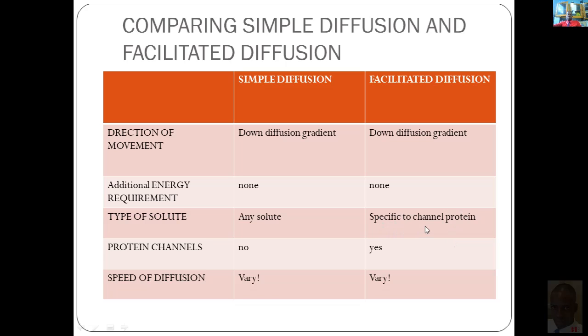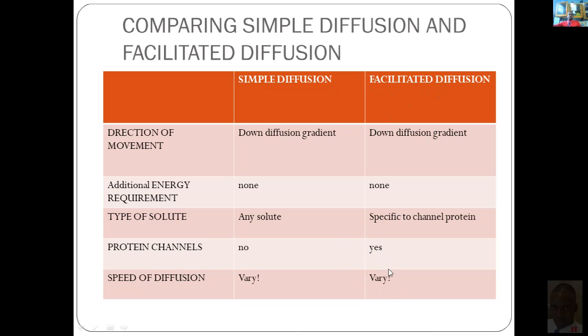Type of solute: solute here refers to the particles, ions, and molecules that move randomly. When it comes to simple diffusion, it's any solute, any ion, any particle, any molecule can be moved using simple diffusion.